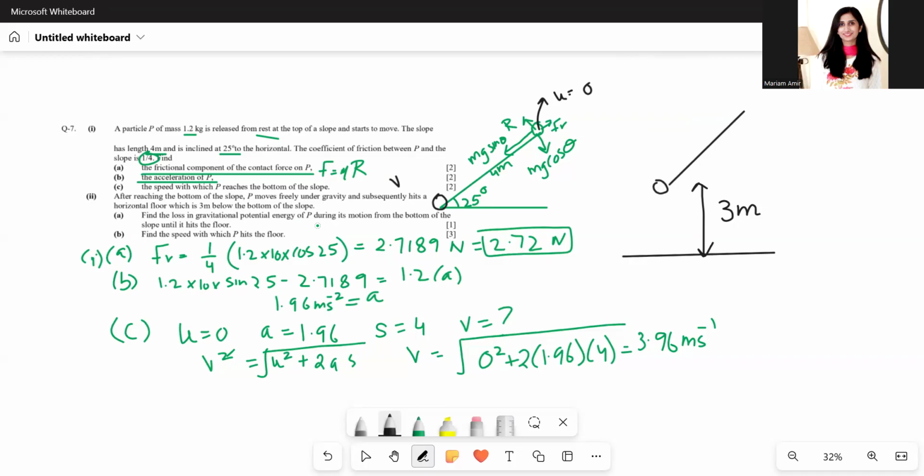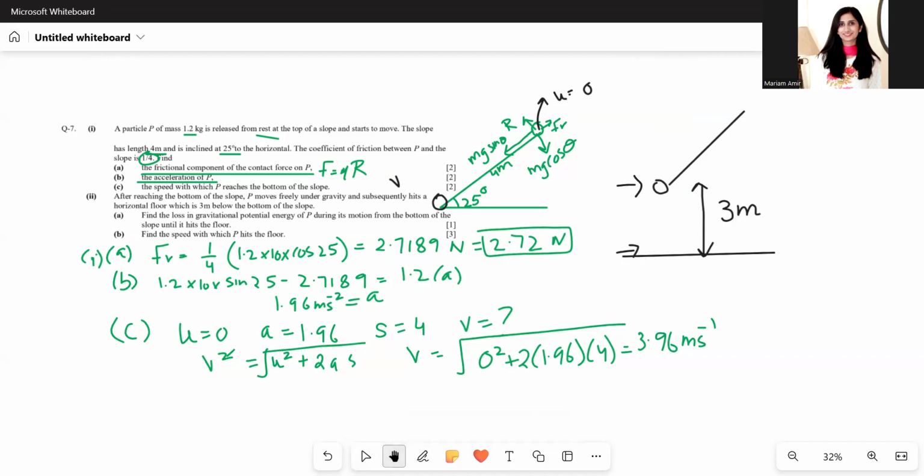Find the loss in gravitational potential energy of P during its motion from the bottom of the slope until it hits the ground. From here to here, what is the loss in potential energy? How will it come? Just find mgh.